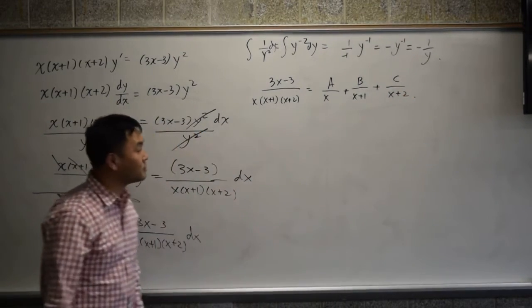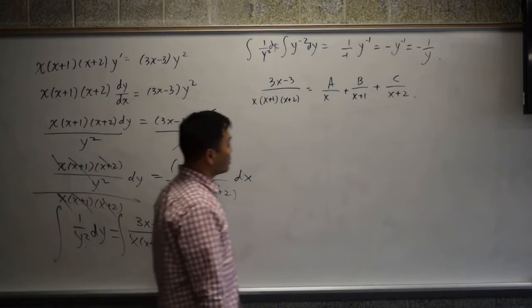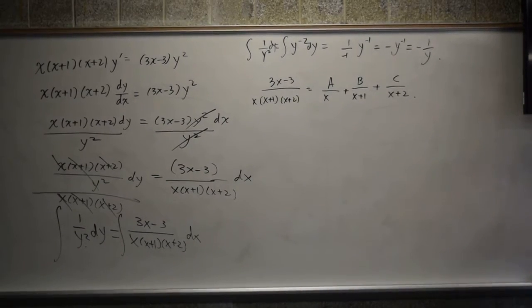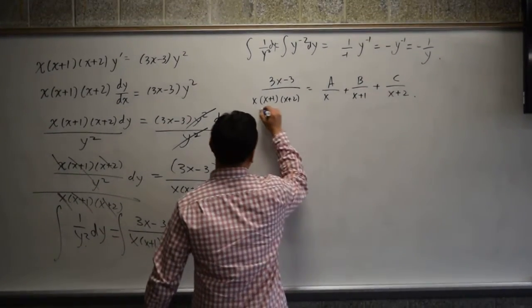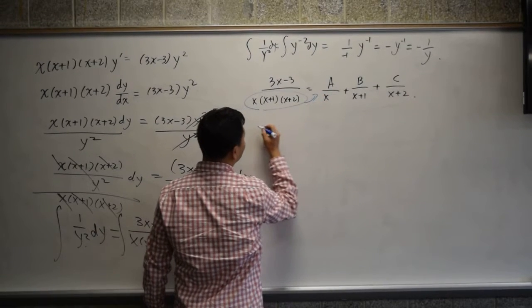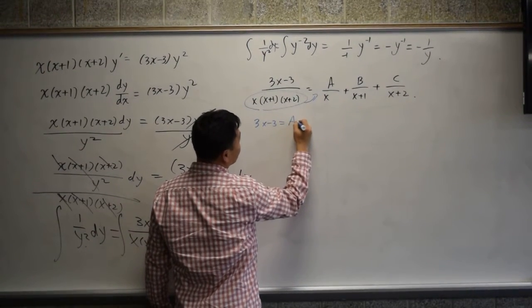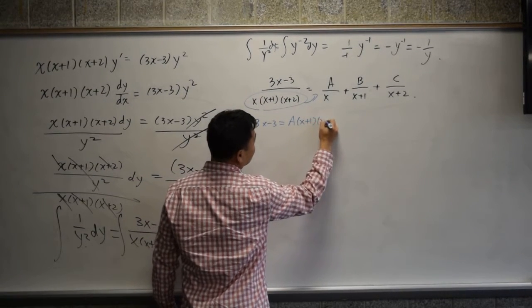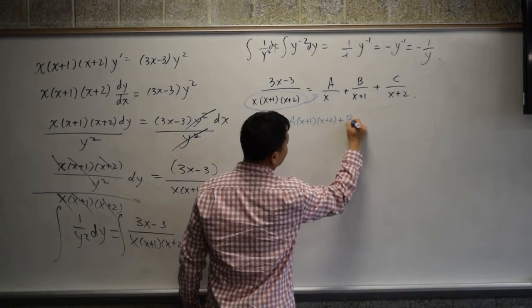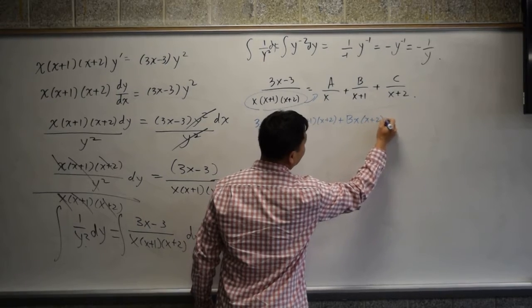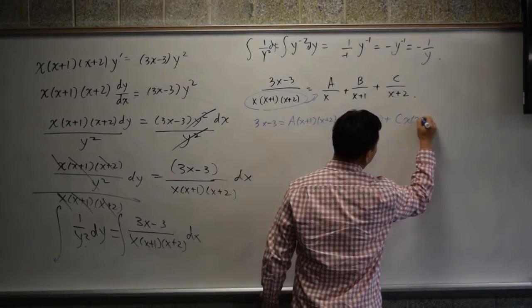That's what you need. Let me write in blue for the partial fraction expansion. Let's multiply this to the other side so that you get 3x minus 3 equals A times (x plus 1)(x plus 2), plus B times x(x plus 2), plus C times x(x plus 1).